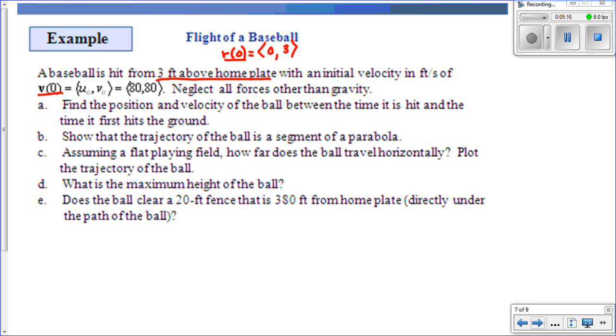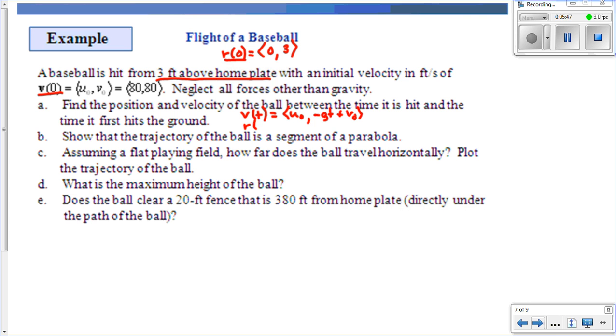So now we have our initial conditions for v naught and r naught. We want the position and the velocity of the ball between the time it's hit and the time it first hits the ground. So we want functions of t. Well, we know that v of t is given by u naught and then minus gt plus v naught.